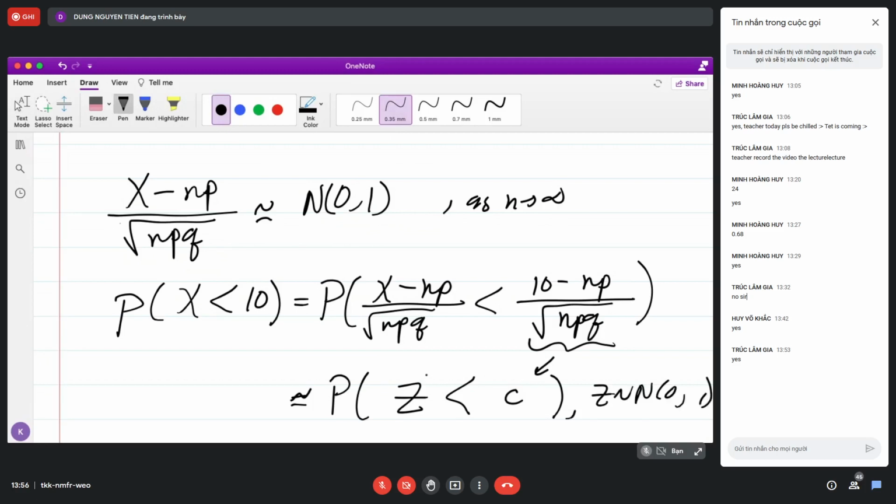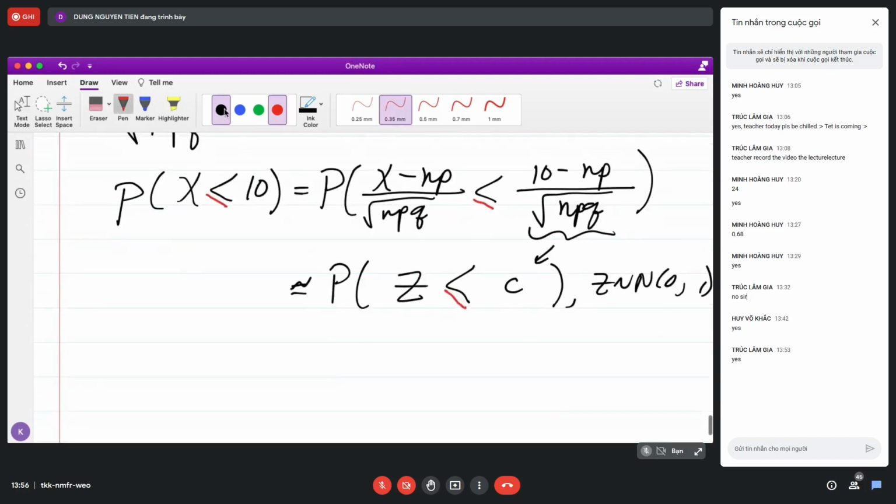Now we may have a problem here. If you have the equal sign here, then it should be the equal sign here, right? You know, this probability is the same as the probability that Z is less than c, not equal to.